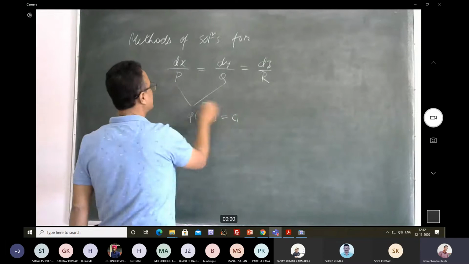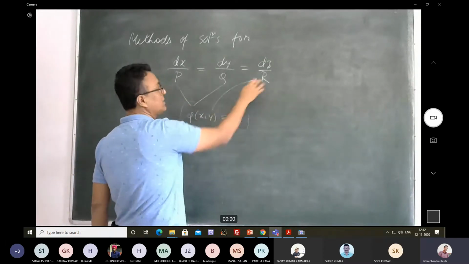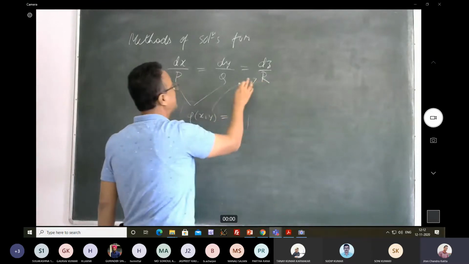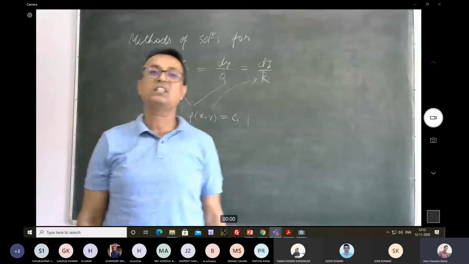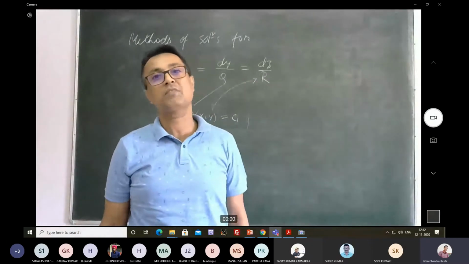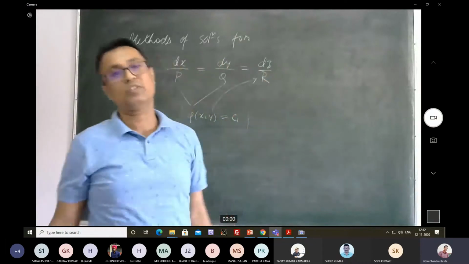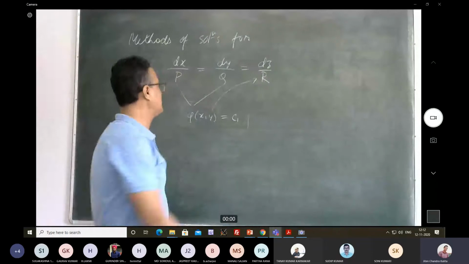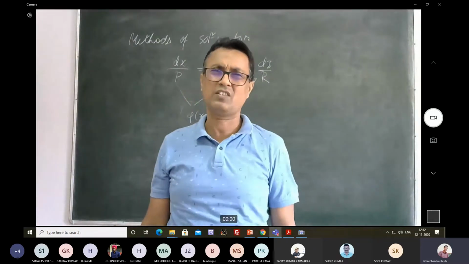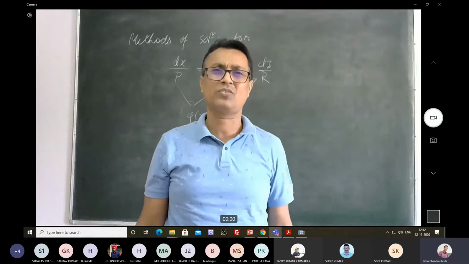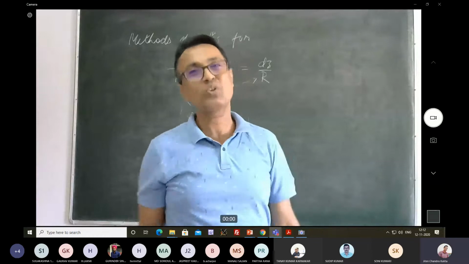Then I substitute this here, and make use of another two ratios, which must include the third ratio, and we solve the problem. That is one way, and the other way is simply using Lagrange's multipliers. Do we call it Lagrange's multiplier or simply multipliers? Anyway, you know the methodology.